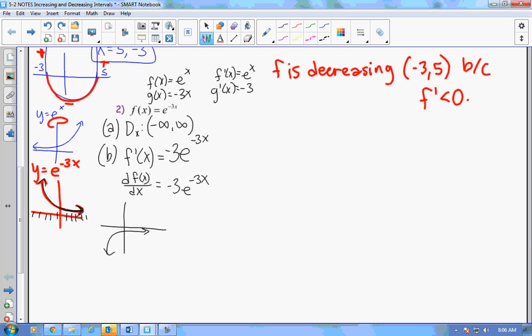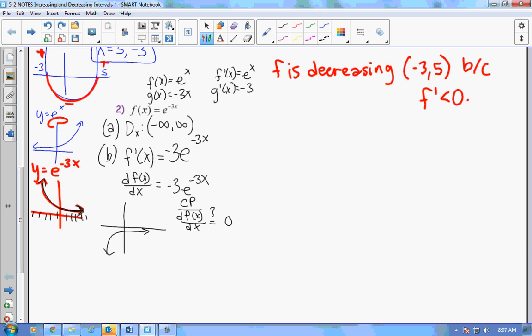Okay, so the critical points we're looking for are when the derivative is 0 and when it's undefined. So when is dy/dx, or d f of x/dx, 0? When does that happen? When is this derivative 0?